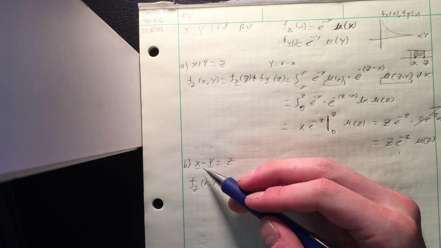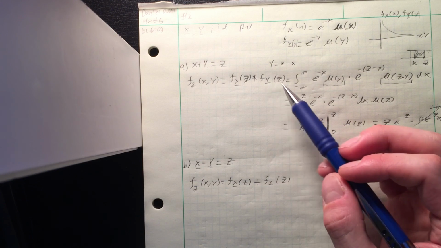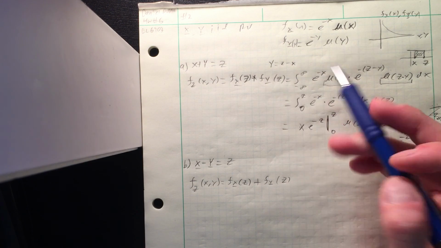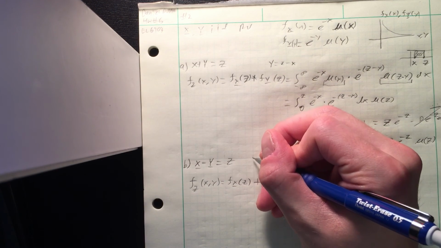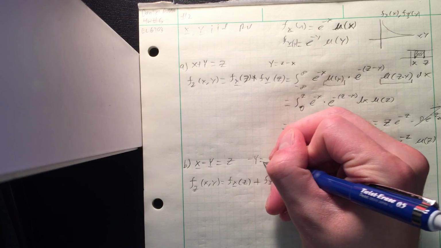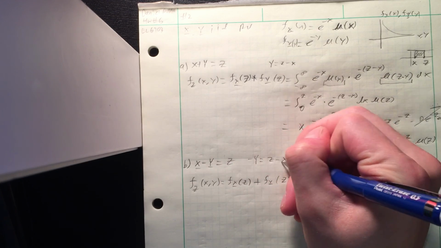Now, because this is a minus y, it's not as pretty as this case. We'd want to get something that's equivalent to this. So another way to think of this is negative y is equal to z minus x.